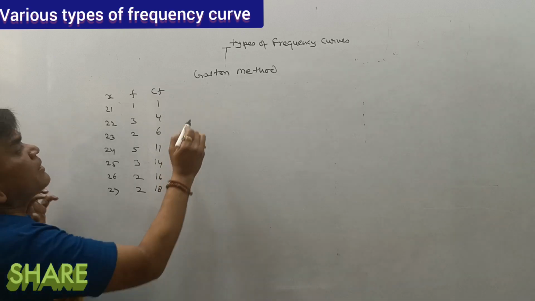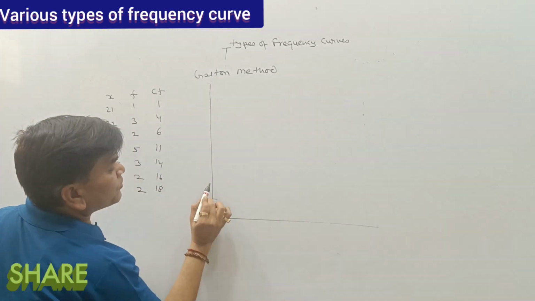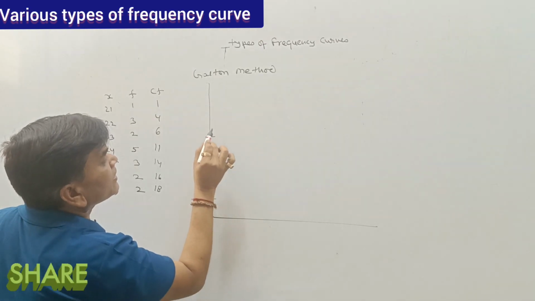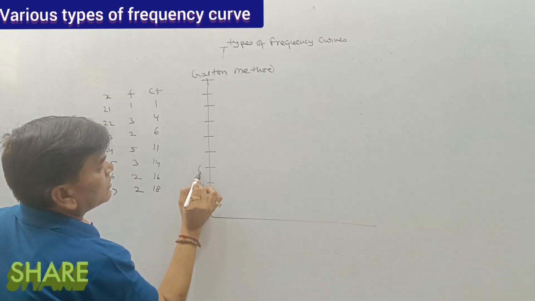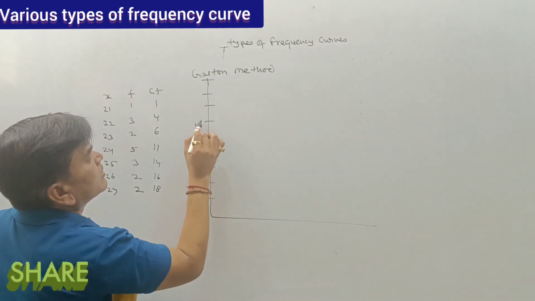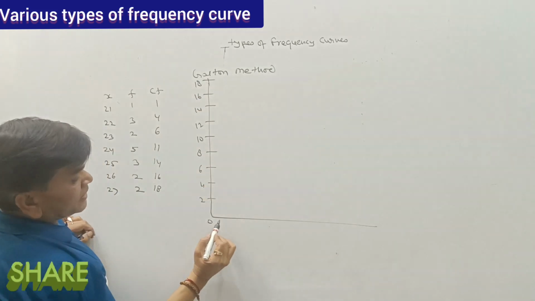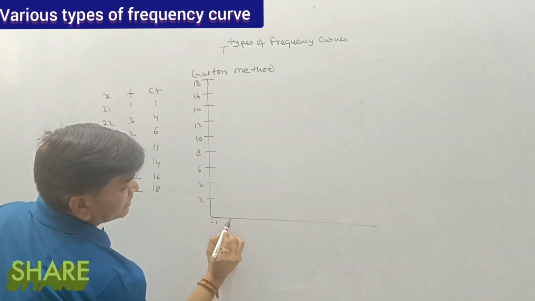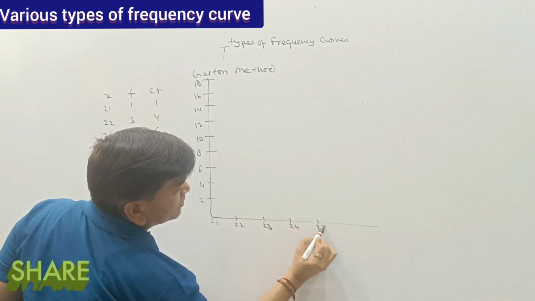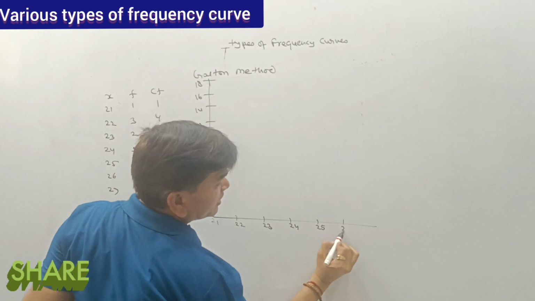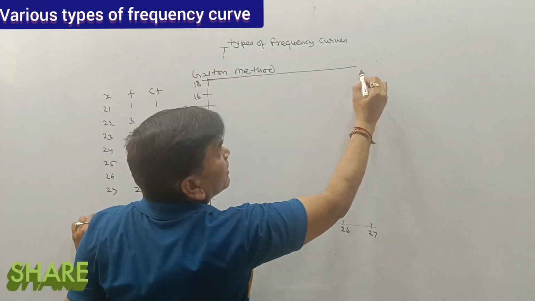Similarly, for getting the median, firstly we have 2, 4, 6, 8, 10, 12, 14, 16, 18, then 21, 22, 23, 24, 25, 26 and 27. So this will be our graph paper.